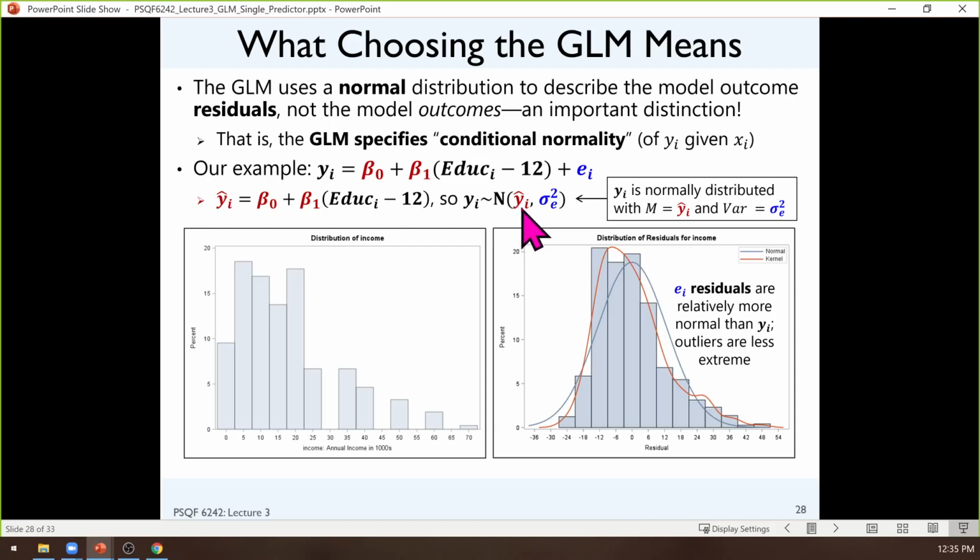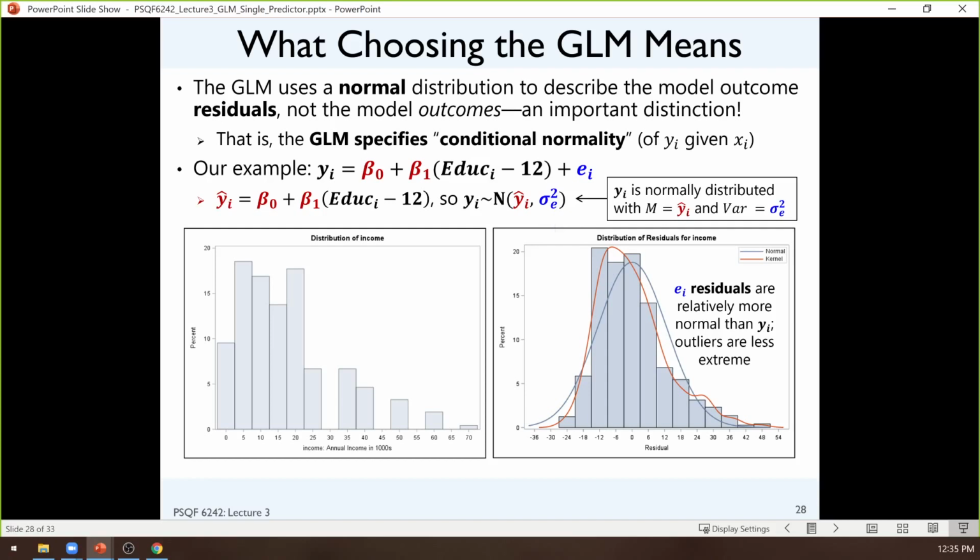So that's the idea of the regression line that is created by the model. That's the mean that is predicted for each observation. So anybody with the same set of predictor values would have the same conditional mean, but because it depends on your predictors, that's why it has an i here. And then the variance part of the normal distribution is sigma squared e, and that is a constant.